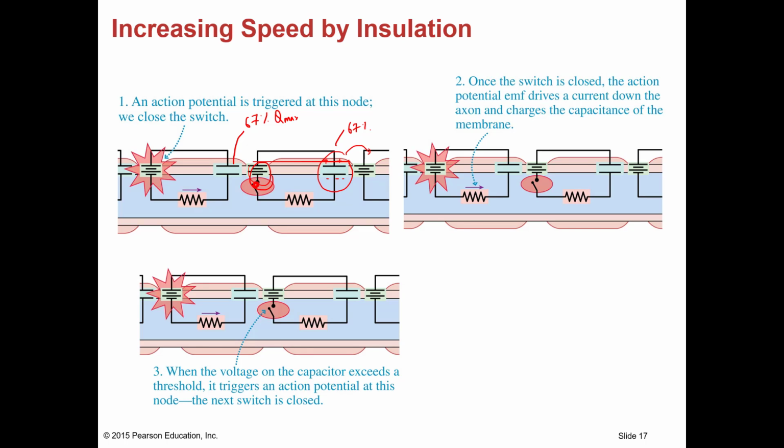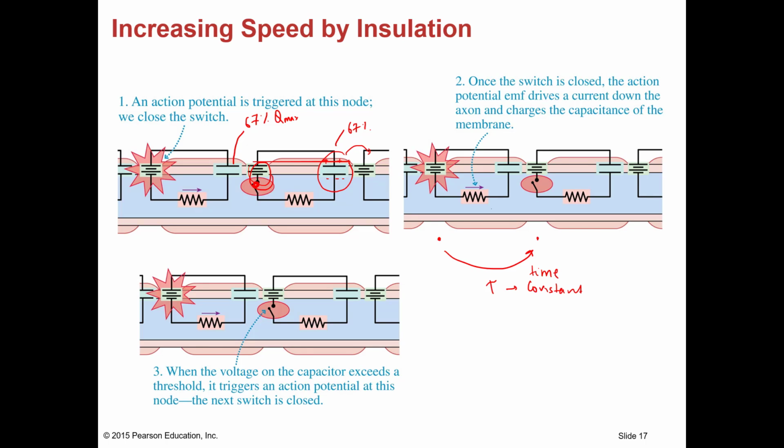That's how signal is transferred from one part of the axon to the next. That means to reach the signal from this part to that part, it takes the time constant tau.